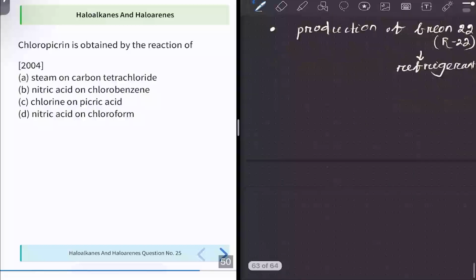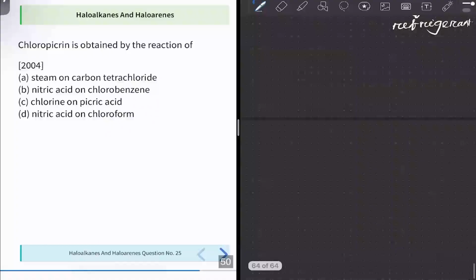Most commonly, before the invention of ethers or other anesthetic compounds, we were using chloroform as the major anesthetic agent. But due to its toxic nature and being unsafe to the patient, we replaced it with safer options like ether.